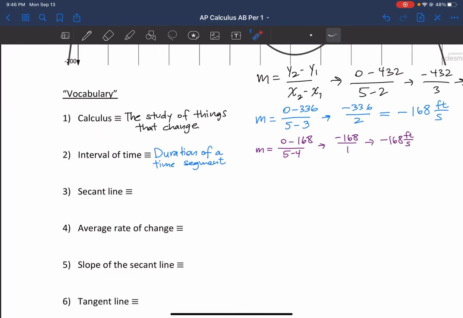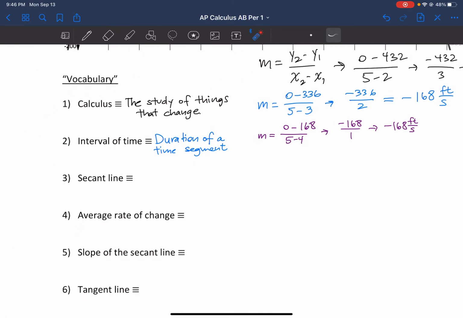5 seconds. These 3 segments, the black, the blue, and the purple, are also called secant lines. Those are straight lines or straight segments joining 2 points of a function.